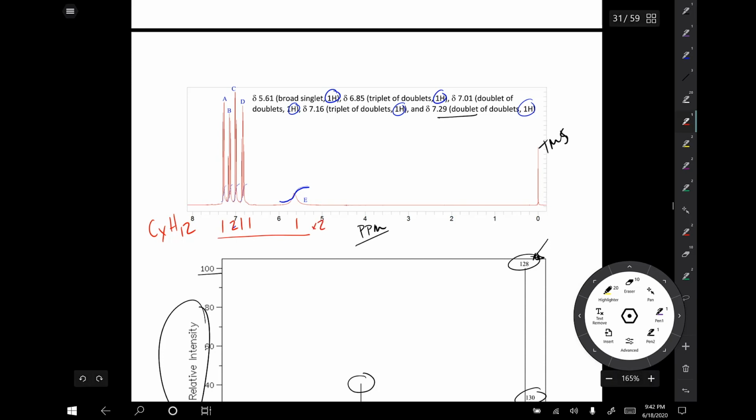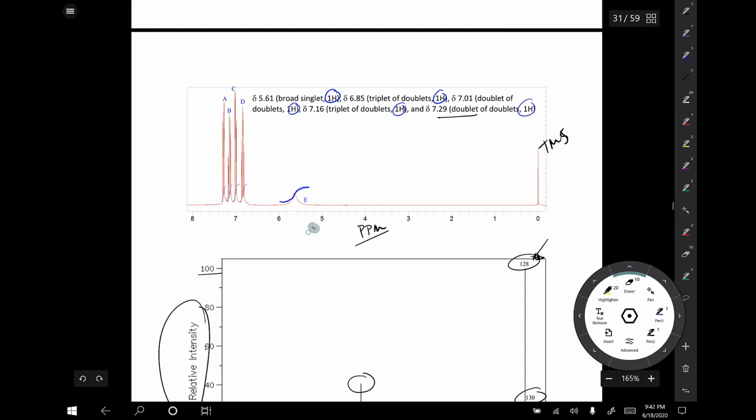Multiply by 2. Typically, these integrations are just given as ratios, unless you know that one of the peaks is specifically 2 hydrogens or something. A lot of times we would just integrate, get a ratio, and then look at what our reaction was. In this case, if your formula did have 12 hydrogens, you'd multiply everything by 2. So then it would be like this. Again, this is theoretical. This is not talking about this specific spectra. Just know that the molecular formula and the number of protons should add up.